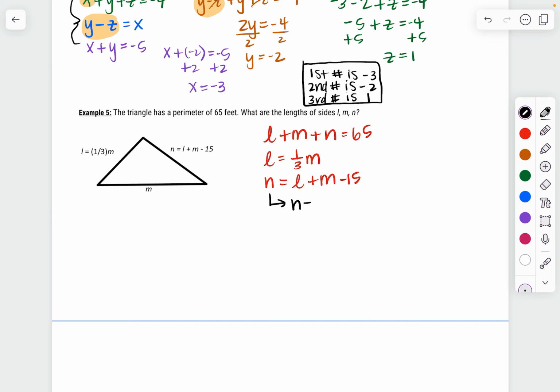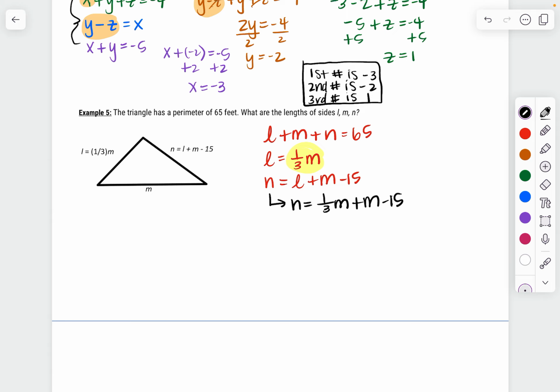I'm going to say N is equal to 1/3 M, because that's the same thing as L, if you look at the one right above it. L is equal to 1/3 M. And I'm going to just fill that in. So 1/3 M plus M minus 15. And so now I have L equals and N equals, and they're all with the same variable.